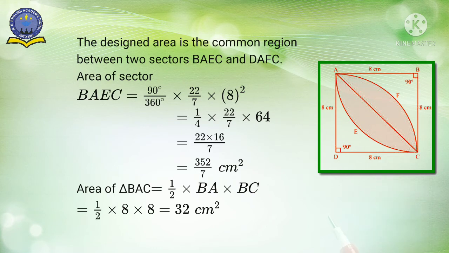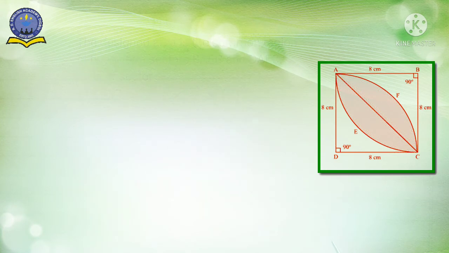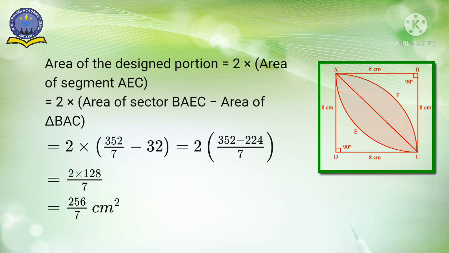Now we have to find the area of the design. The area of the design of one part is the quadrant minus the area of the triangle. And there are two such portions, so we directly write 2 into area of AEC, that means one part, multiplied by 2. How do we find this part? Sector minus area of triangle.